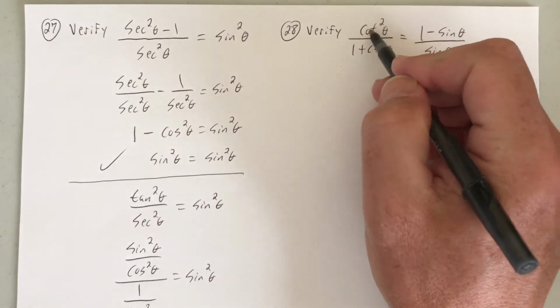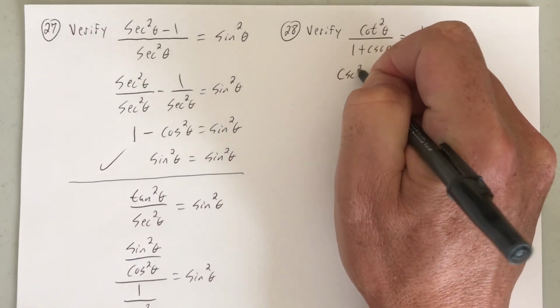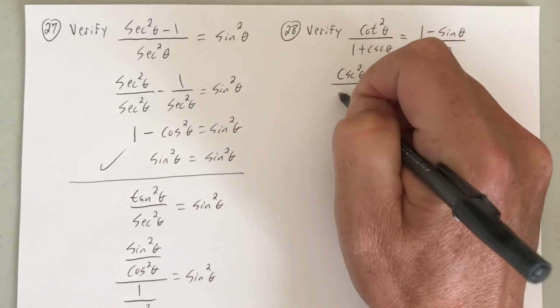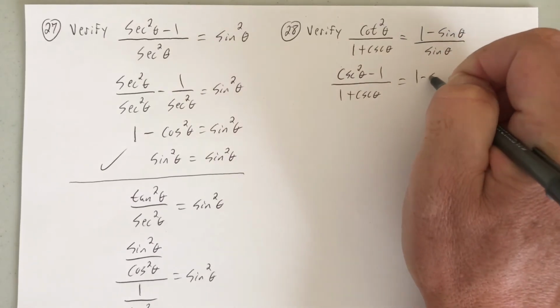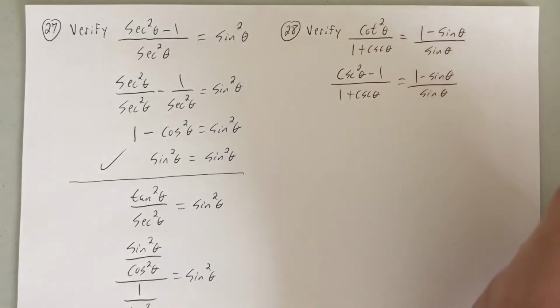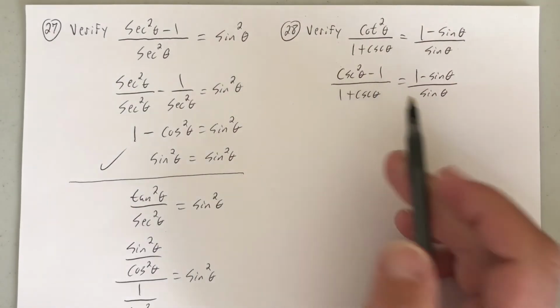So like I said, I'm going to go ahead and replace this with the Pythagorean identity, cosecant squared theta minus 1 over 1 plus cosecant theta is equal to 1 minus sine theta over sine theta. Now like I said, I'm going to go ahead and factor this. It's difference of squares.